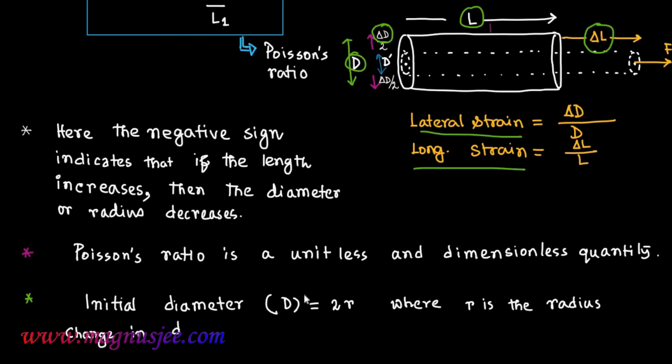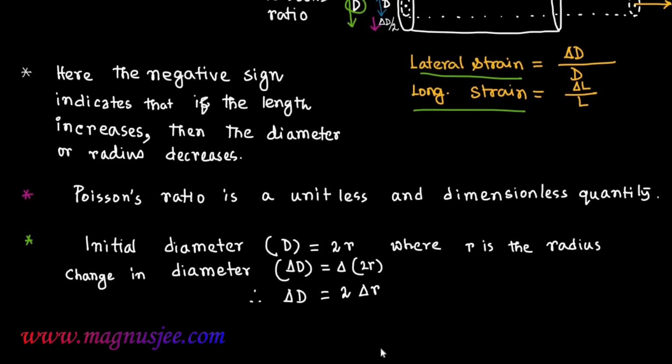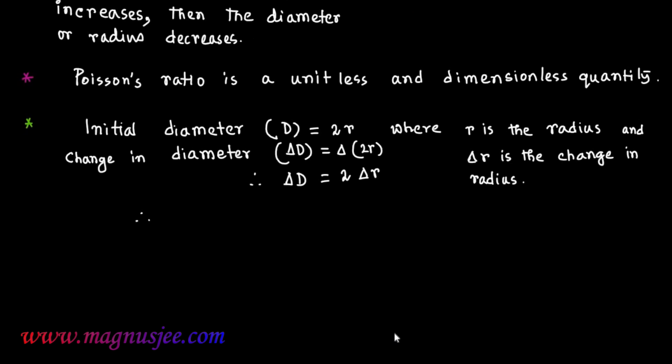Change in diameter, delta d is equal to delta of 2r. Therefore, delta d equal to 2 delta r, bringing the constant term outside the delta sign. Delta r is the change in radius of the cylindrical wire.